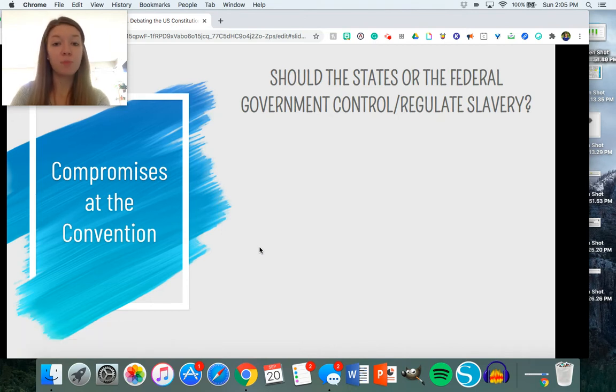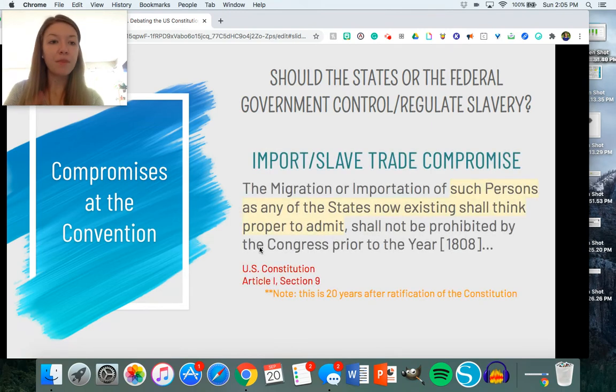Another question that popped up was, should the states or the federal government control and regulate slavery? The compromise is known as the Import and Slave Trade Compromise. And what it says is this: the migration or importation of such persons as any of the states now existing shall think proper to admit shall not be prohibited by the Congress prior to the year 1808.